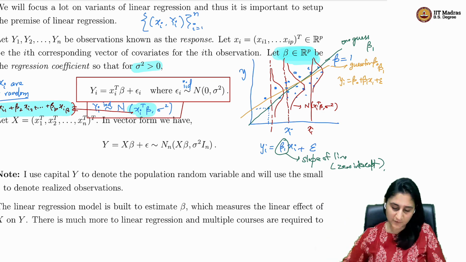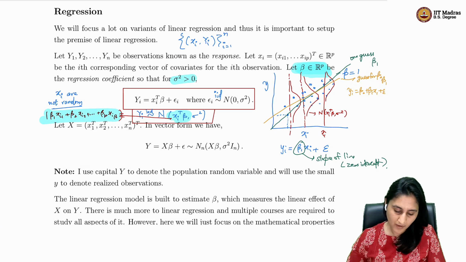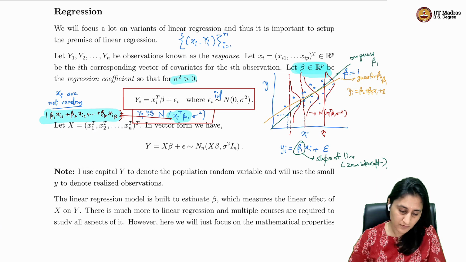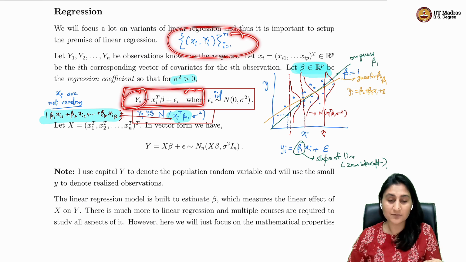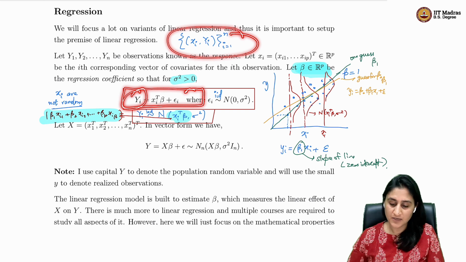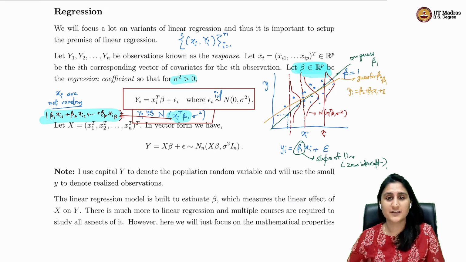Okay, getting ahead of myself here, because really the goal is that I have observed my data, and what I want to know is, given information on the x variable, can I understand what the y is going to be, right? So how are x and y related to each other is what I want to understand.